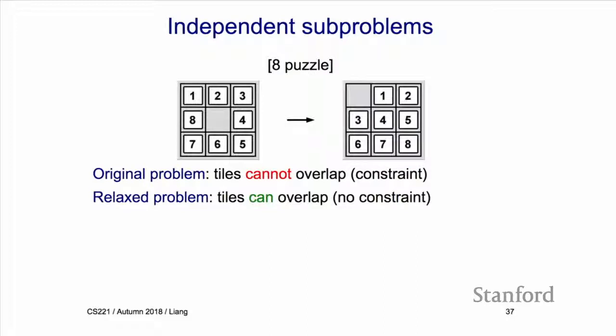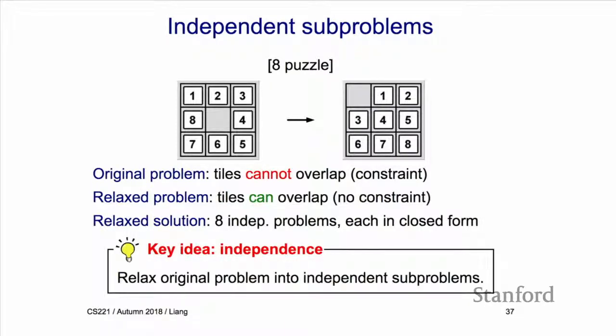Then suddenly you can solve 8 independent problems. For each tile, you just move it directly to its location. In fact, there's a closed form solution because it's just the difference in the x-coordinate and the difference in the y-coordinate. So that can be your heuristic function: how many steps does it take to get to the solution if I just move everything independently? That's an example of what we call independent subproblems.